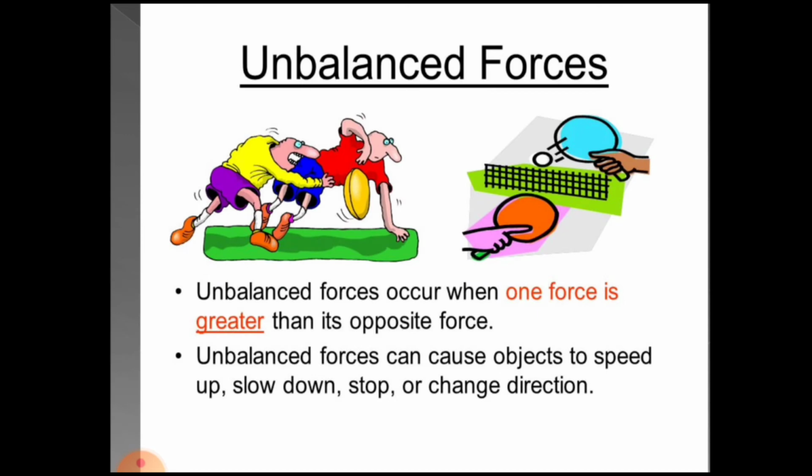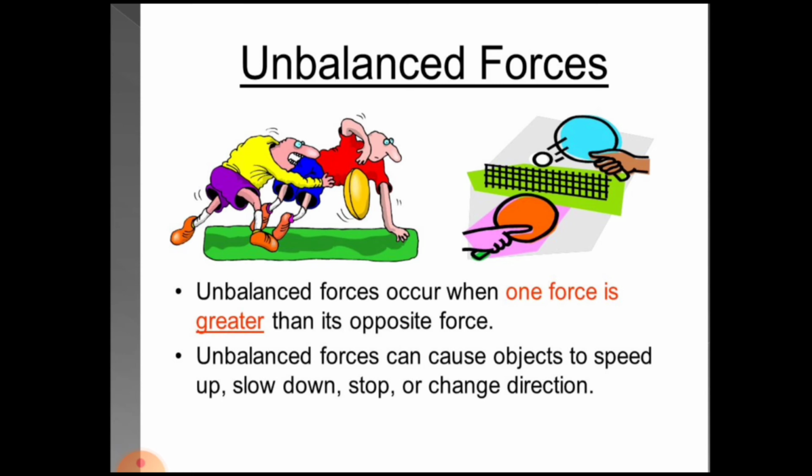So, let us discuss unbalanced force. An example I have already shown. An unbalanced force occurs when one force is greater than its opposite force. The first force, that is 400 Newton, is greater than 300 Newton. That's why the rope is pulled towards that 400 Newton position. Okay. So an unbalanced force can cause an object to speed up, slow down, stop, or change direction.